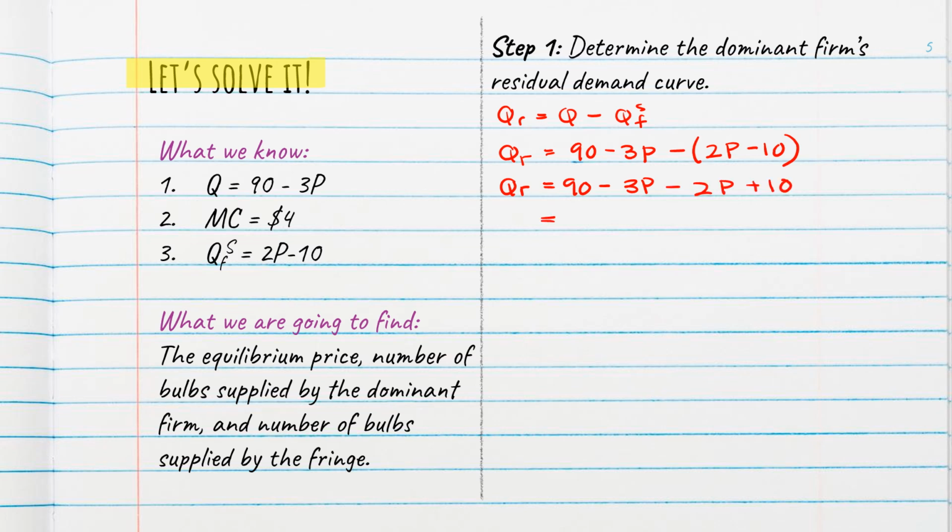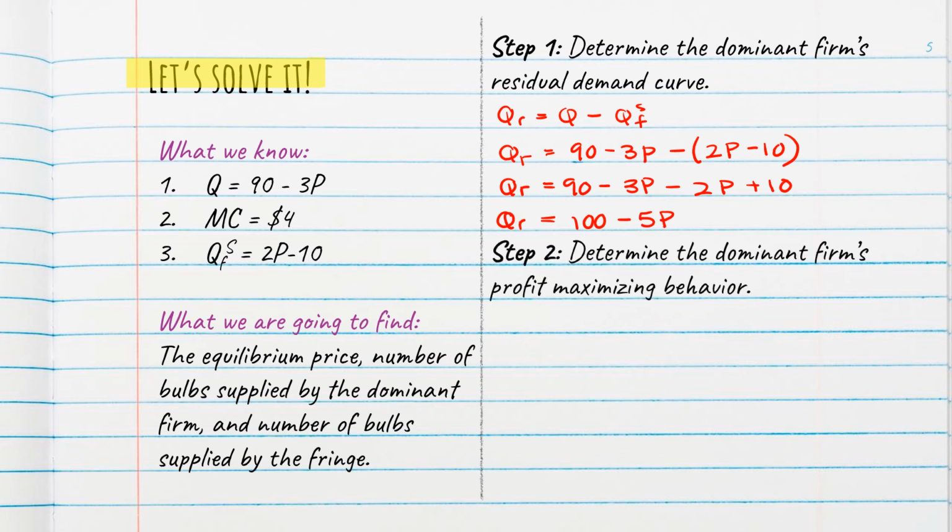Simplifying that, 90 plus 10 is 100, and 3P and 2P makes 5P. And that's the residual demand. So notice it's just an exercise in subtracting out what the fringe is going to supply at every price level. Once we have that residual demand, we can start thinking about the dominant firm's profit maximizing behavior.